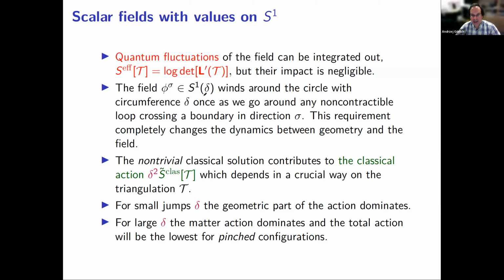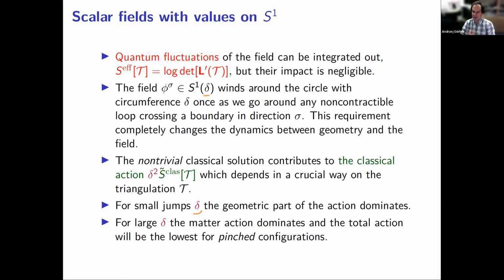But this requirement that the scalar fields have to wind once around the target space of circumference delta means that for large delta, the classical action, which is just the action calculated for the classical solution, becomes important. So indeed, for small delta, the geometric part of the action, which was not shown here at all, just a standard Regge action, will dominate.